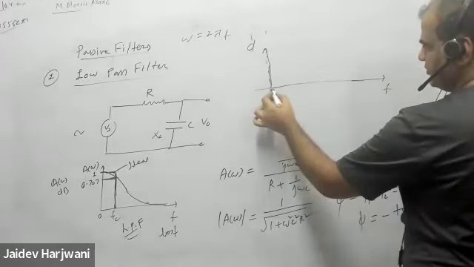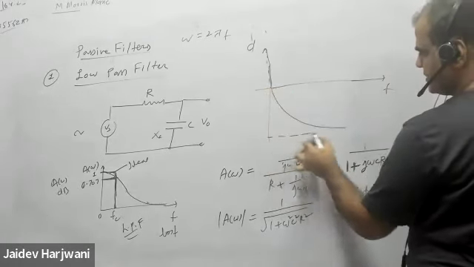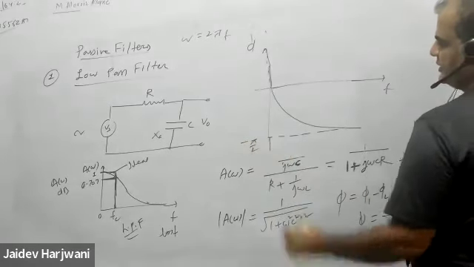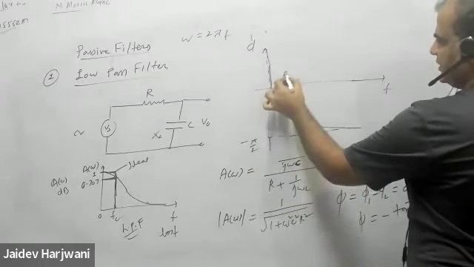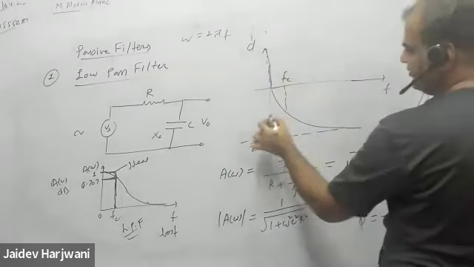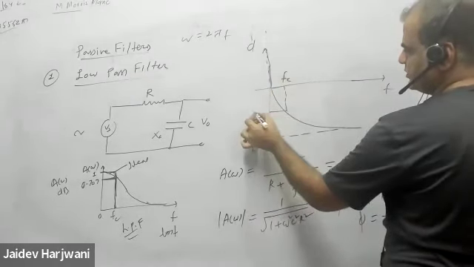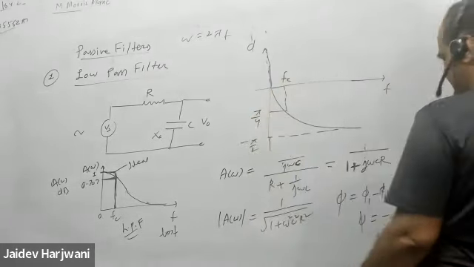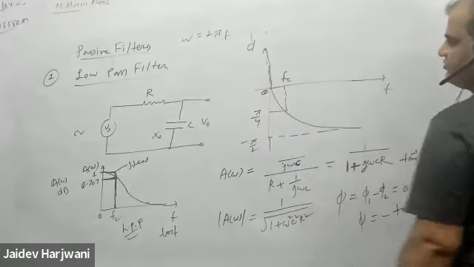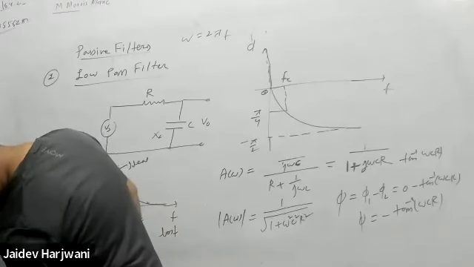At the cutoff frequency fc, when omega CR is 1, this will be 45, pi by 4. At 0 it is 0. So this is phase with frequency. Phase is also changing with frequency.